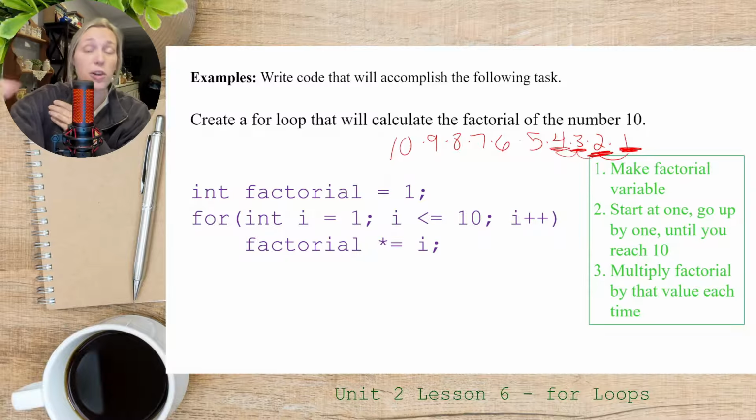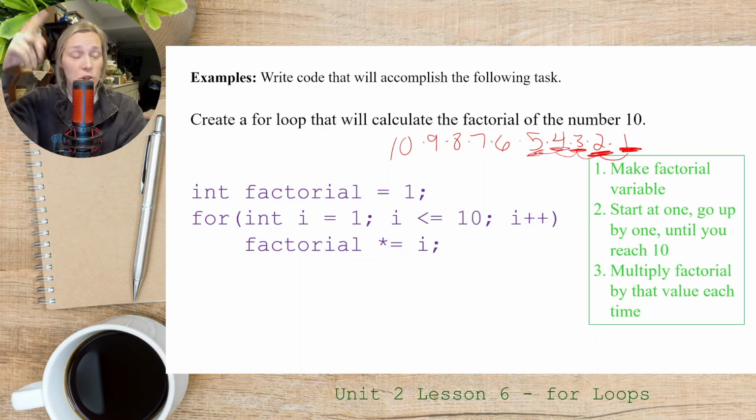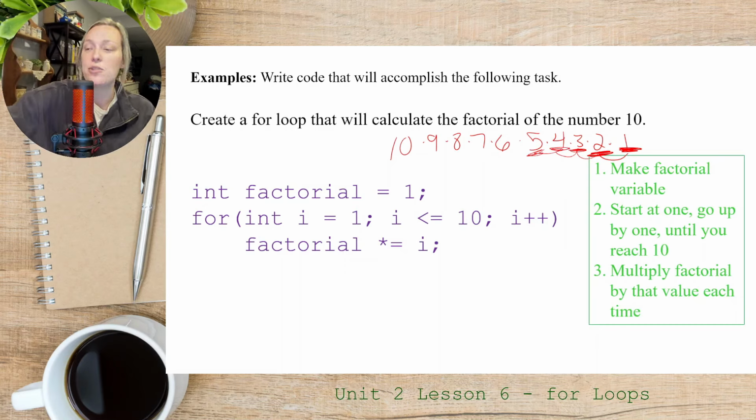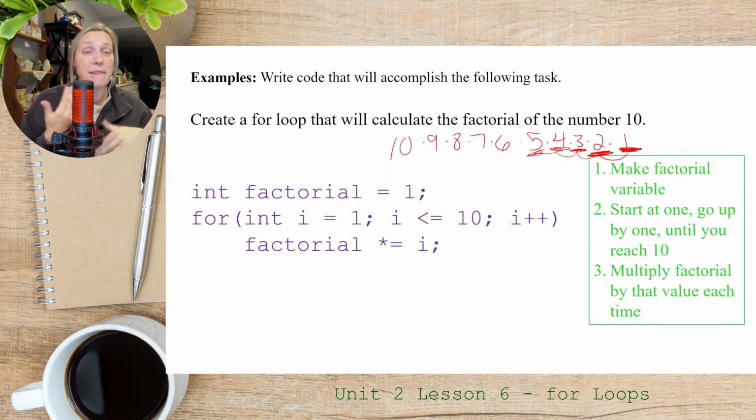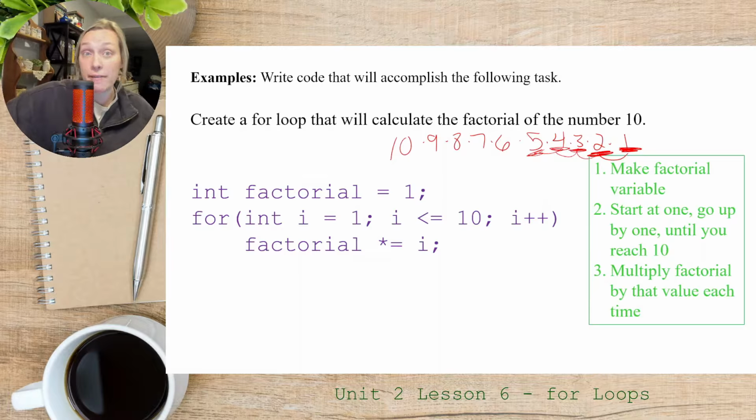So I take 6 times 4, which is 24. And then I becomes 5. 24 times 5. And then we're getting into where I'd have to do a little bit more mental math there. But yes, it works out and it goes up by 1. I increases by 1 each time, and factorial is multiplied by that every time.